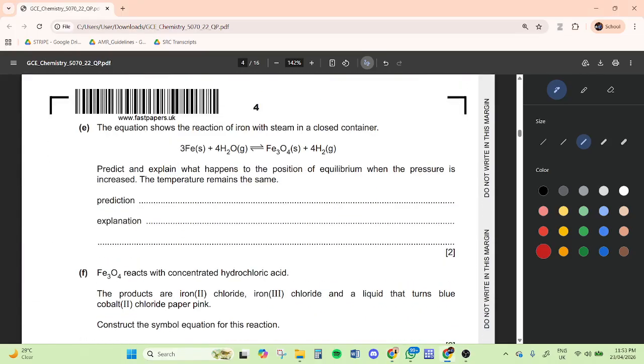All right, so the next one. The equation shows the reaction of iron with steam in a closed container. So 3 iron plus 4 H2O gives you iron oxide, I'm pretty sure, and hydrogen. Predict and explain what happens to the position of equilibrium when the pressure is increased. The temperature remains the same.